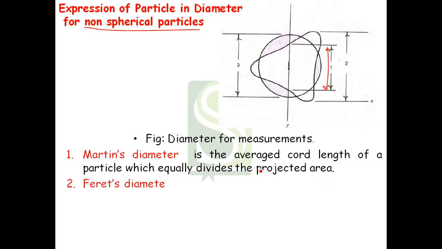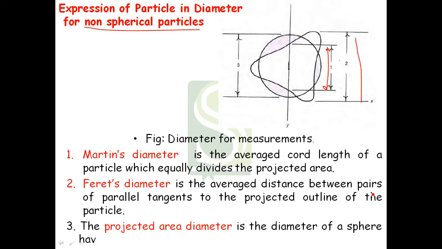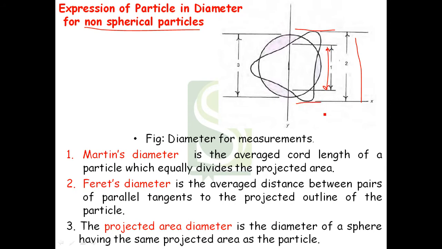Then next is the Feret's diameter. It is the average distance, and this is the Feret's diameter. It is the average distance between pairs of parallel tangents, when you draw tangents at these points, of the projected outline of the particle. The distance between these two tangents will give you the Feret's diameter.